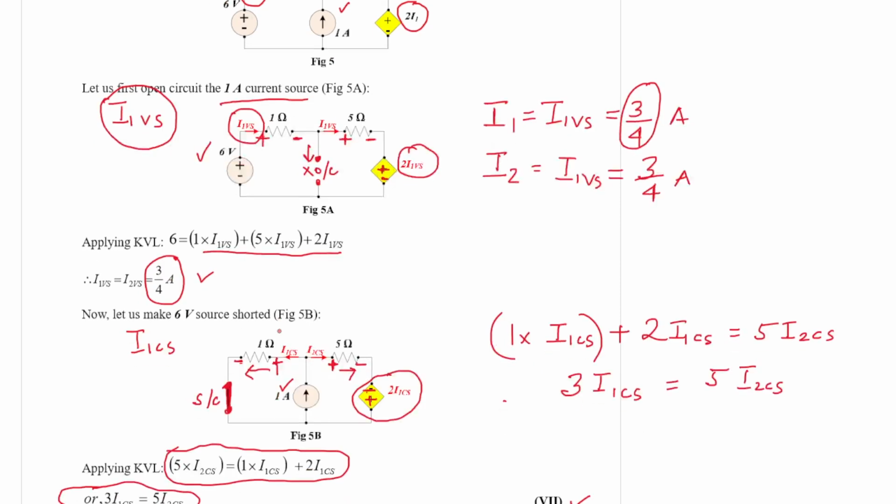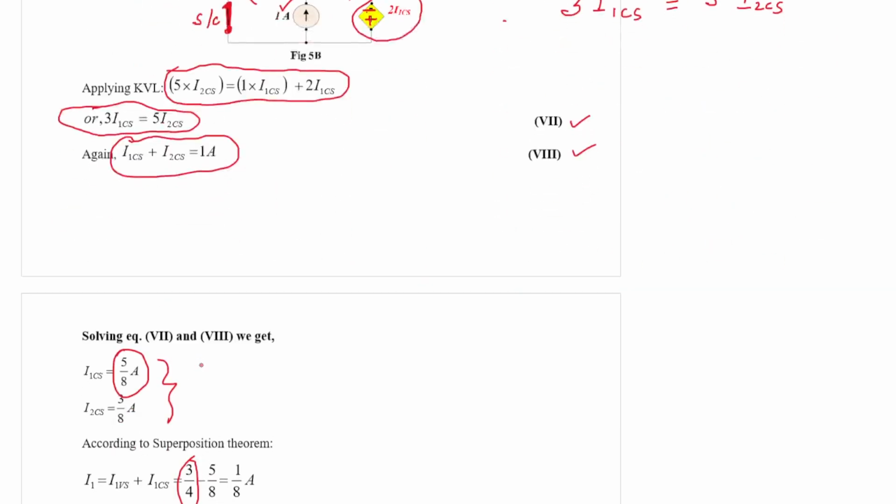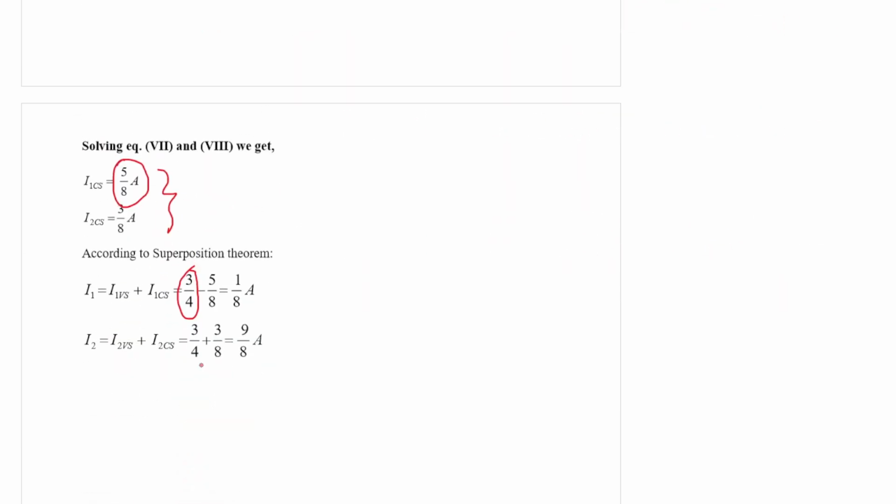With respect to figure 5a, this current is flowing from left to right, and for figure 5b, it is flowing from right to left. So they are opposite in nature, which is why they must be subtracted. The net current will be 1 by 8 ampere, which is I1.